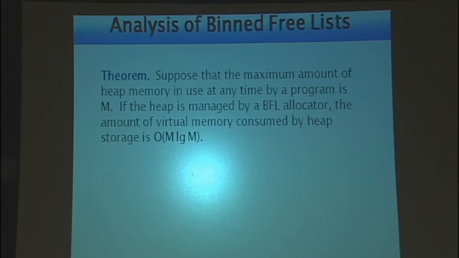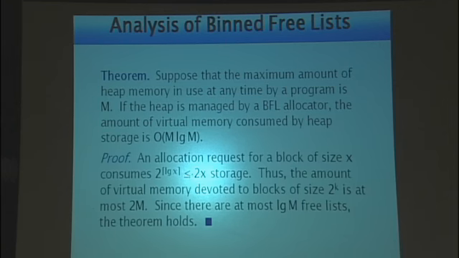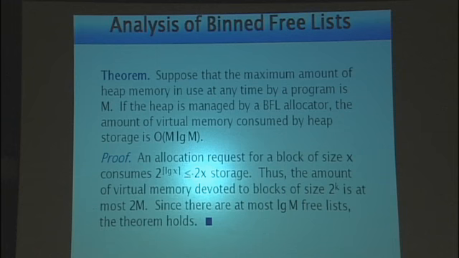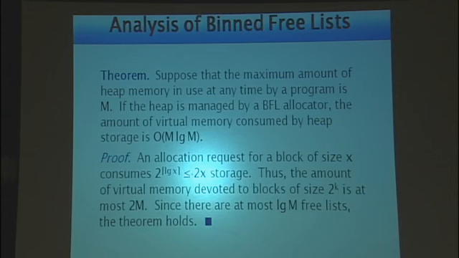And why is that? Here's kind of a hand-wavy proof sketch. Whenever I make a request for a block of size X, it may consume at most twice X storage that's actually in use. And so it turns out that the total amount of memory devoted to blocks of size 2^k is therefore at most 2M.